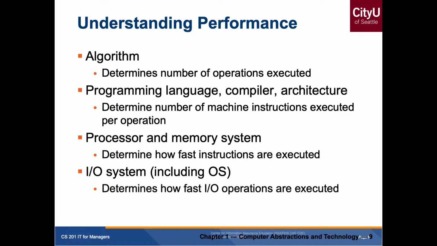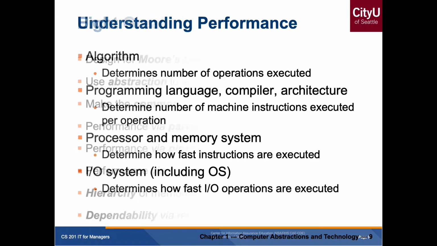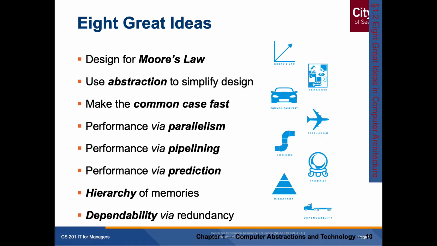If you do have a high level programming language, farther away from the computer, it tends to be slower. Processor and memory system, higher the better, right? Input output system, okay. 8 great ideas, Moore's law, here we go.